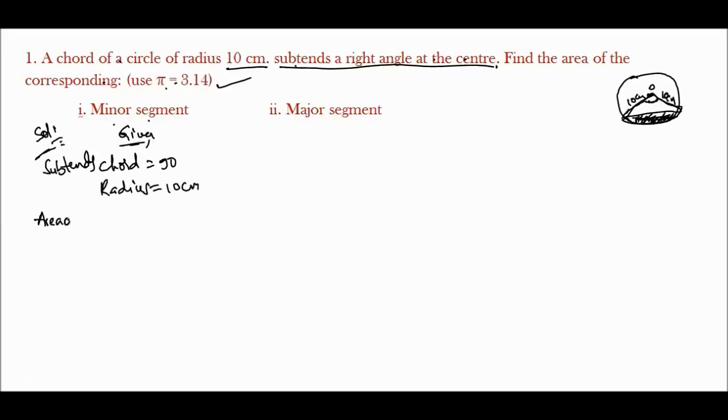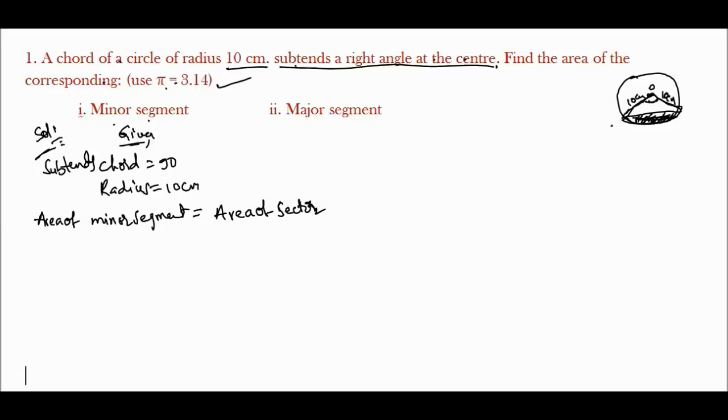So the area of the minor segment is equal to, what is the formula? We can write it as area of sector minus area of triangle.